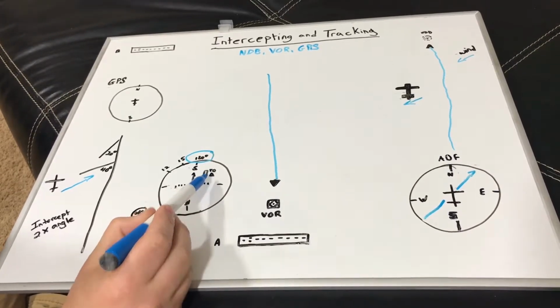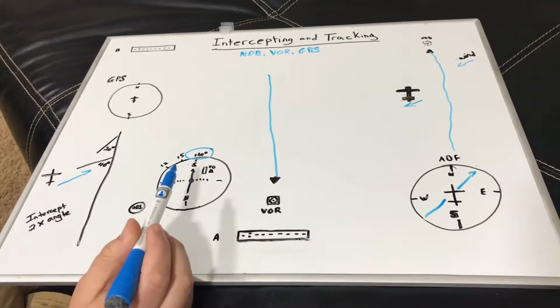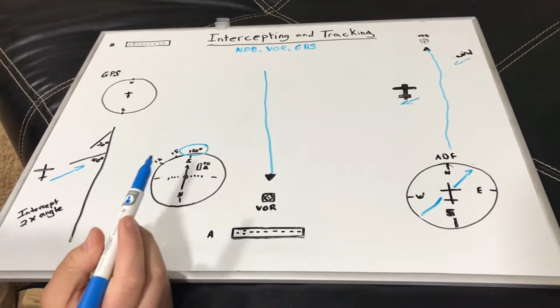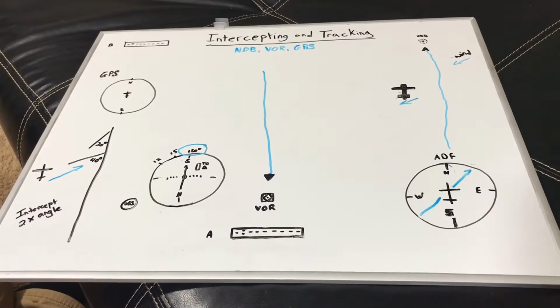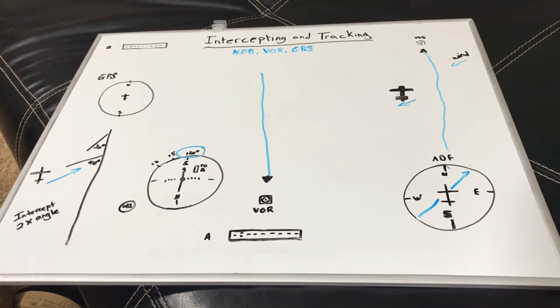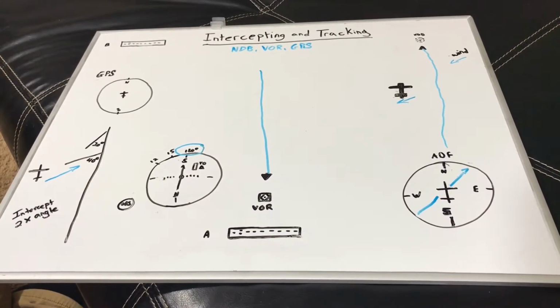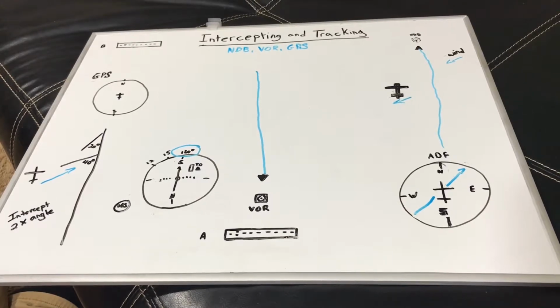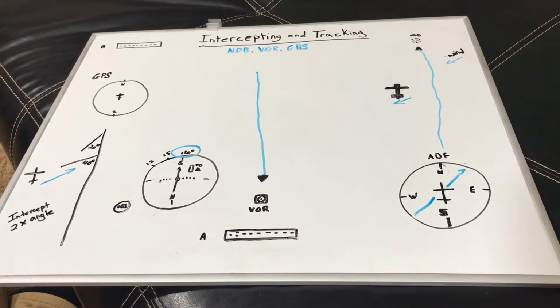We have an arrow pointing to 2, indicating that we're direct to the south to that VOR station. And that keeps us tracking. We can always select a specific track with the OBS in the given direction to the VOR.